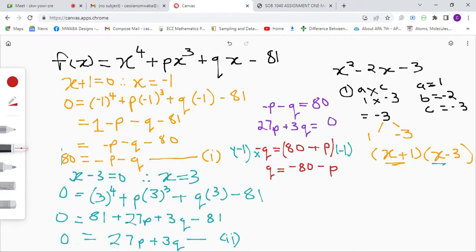Negative 1 times P, you get negative P. Then we are going to substitute this Q equals negative 80 minus P into equation 2. Are we okay up to there?